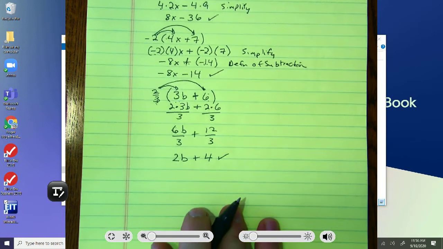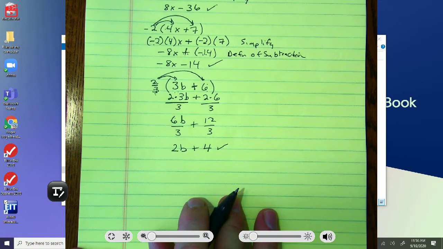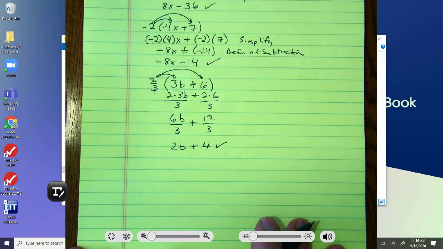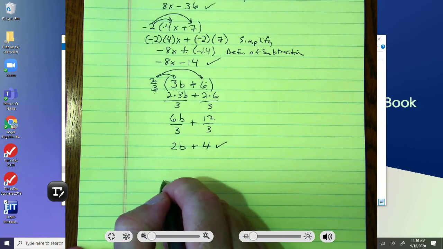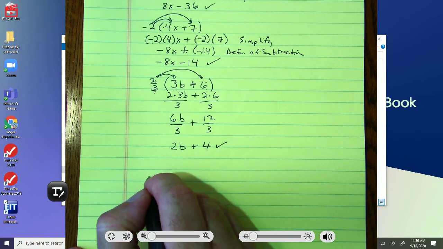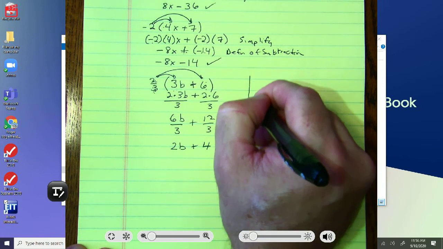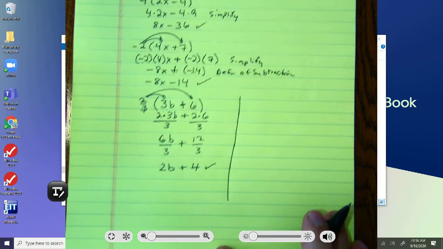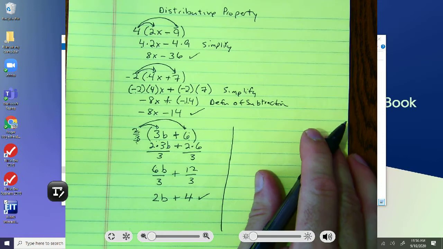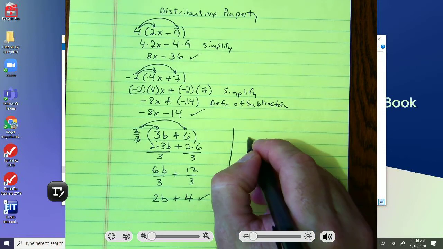Let's try one more. Let me divide this in half and do it on this side as a fraction, so they're kind of mirroring each other here. All right, let's go.